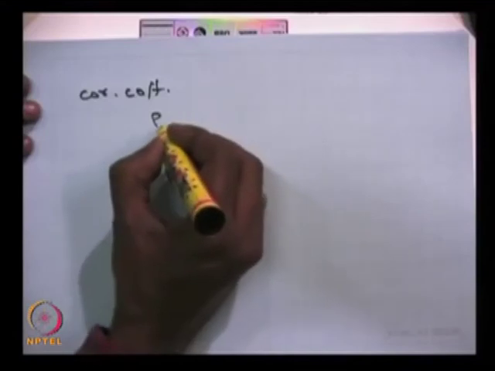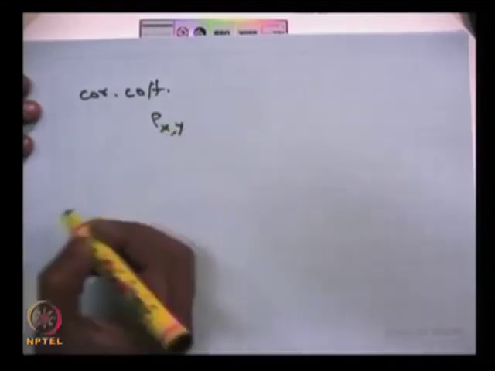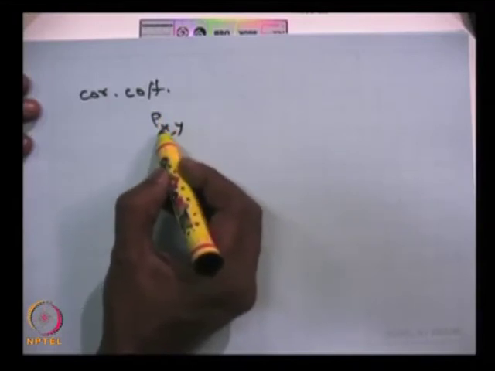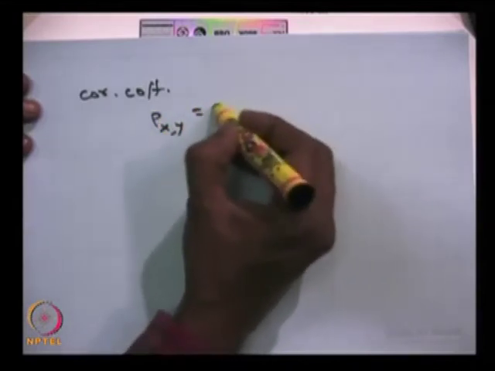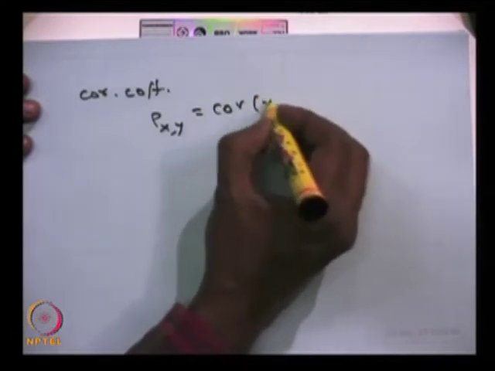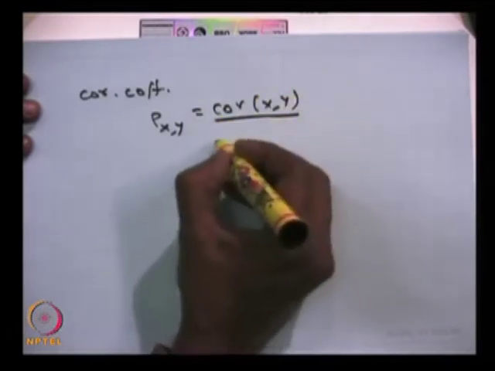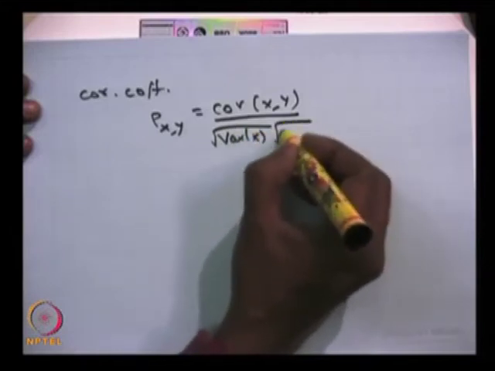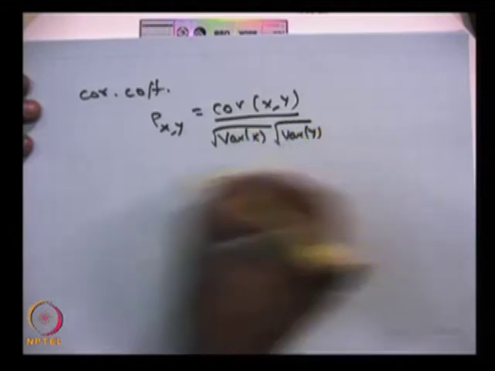Now we are going to define another measure, that is the correlation coefficient, denoted with the letter rho of x comma y. That means I am trying to find the correlation coefficient between the random variables x comma y. That is nothing but the covariance of x comma y divided by the square root of variance of x into square root of variance of y.